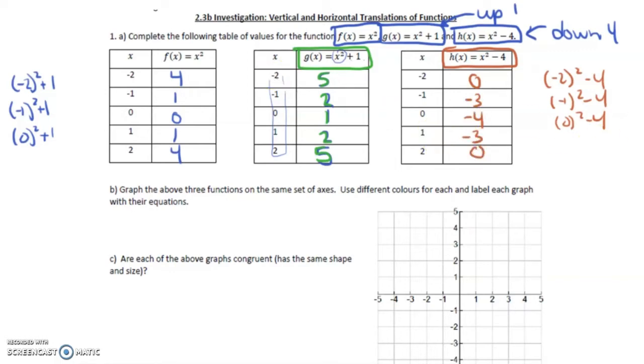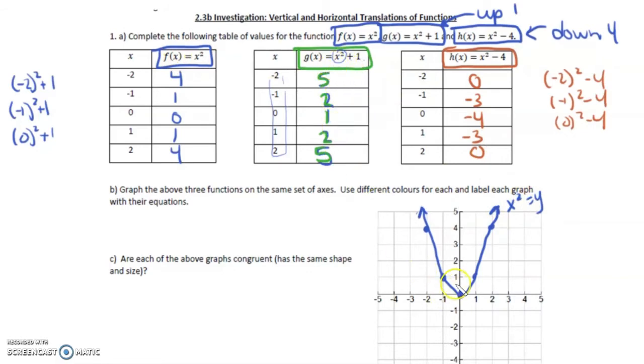So graphing these, I'm going to graph the first one here in blue. That's going to be our original parabola that we're all familiar with. Okay, so this is just x squared. You put f at x. I didn't use function notation here, and that's okay.